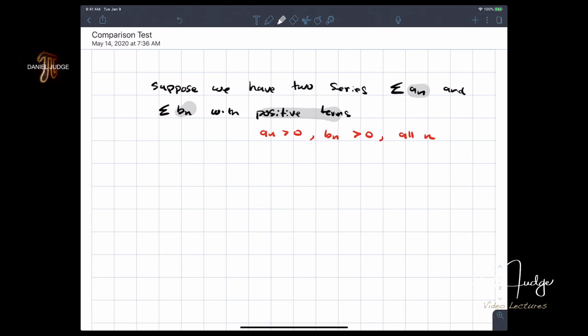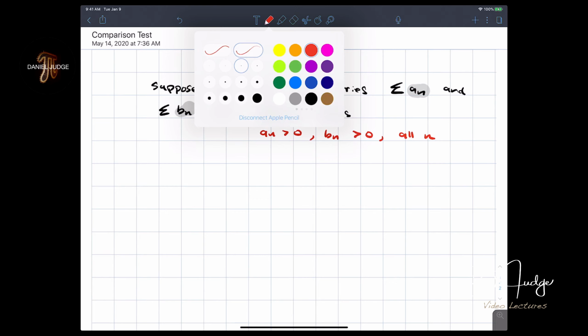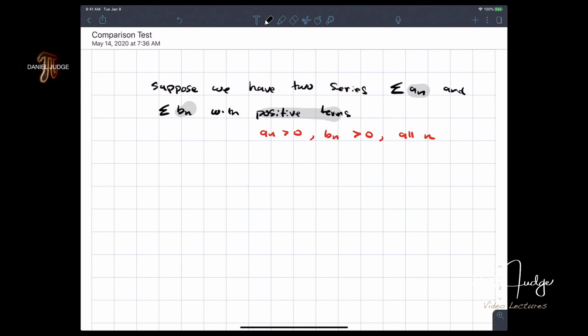And so what we'll do now here is give you the test so you guys know how this works. And it's going to be two cases. One, if a_n is less than or equal to b_n for all n, and we need to know something else.